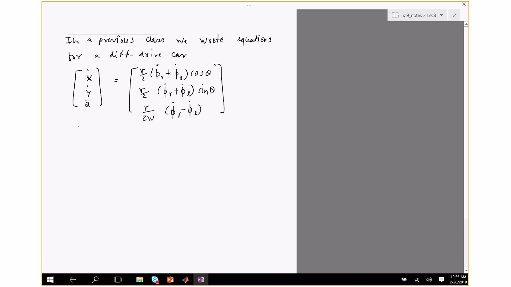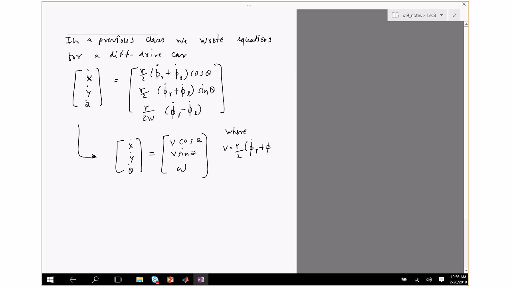Okay, I'm going to just write this in a slightly different notation that will make our life easy. x dot, y dot, theta dot equals v cosine theta, v sine theta, omega, where v equals r divided by 2 times phi dot r plus phi dot l, and omega is r divided by 2w times phi dot r minus phi dot l.